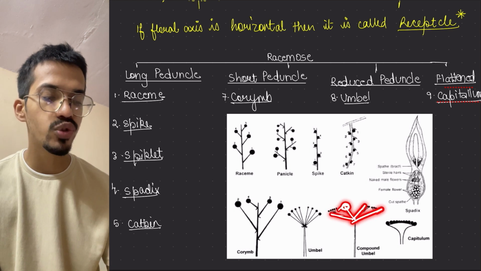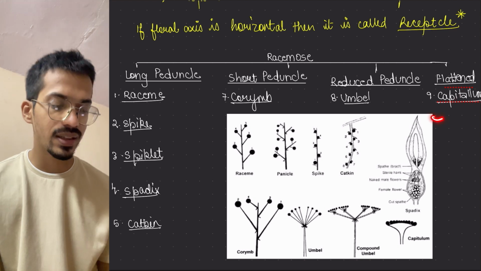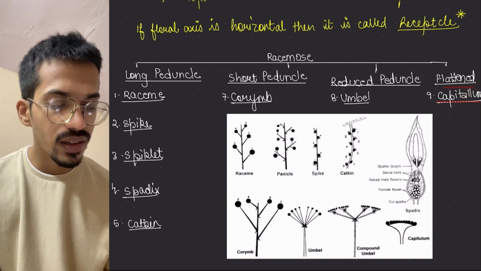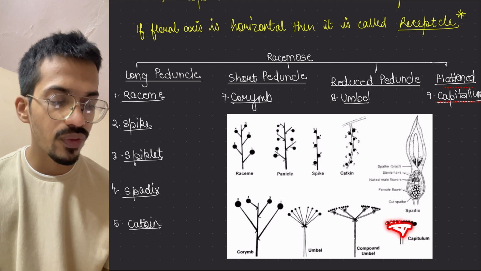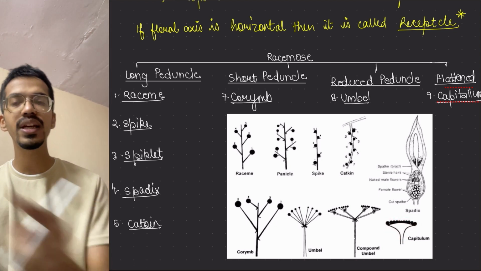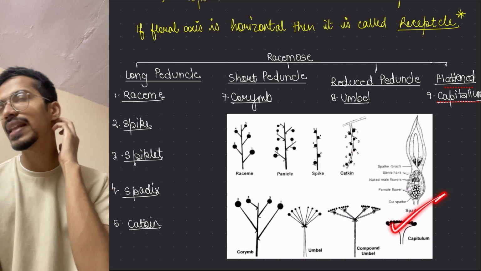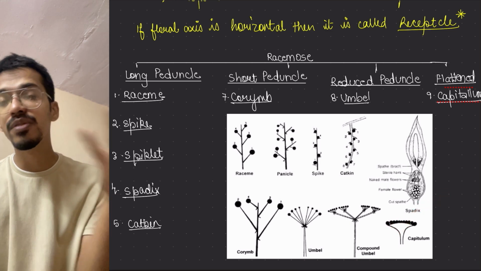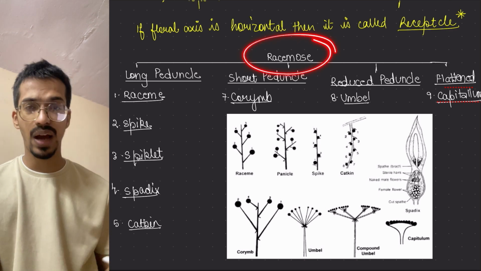There was not an individual one, there were multiple umbels present in it. Then we have capitulum. Capitulum is where this is the receptacle and different flowers are present on it. Here the horizontal growth arises. This will be seen in the case of sunflower. Okay, so this is the basic you have to remember.